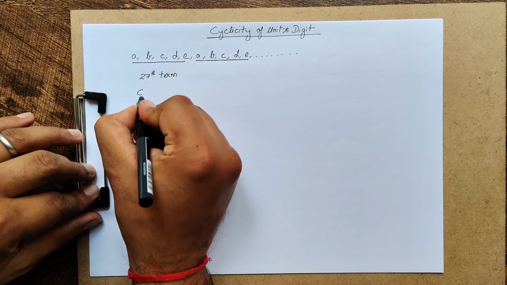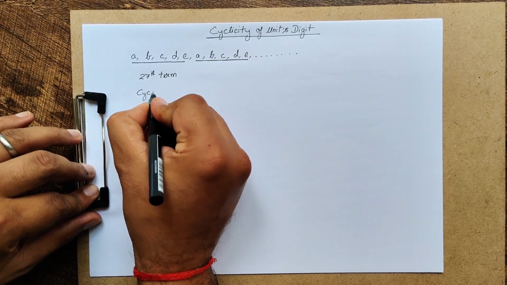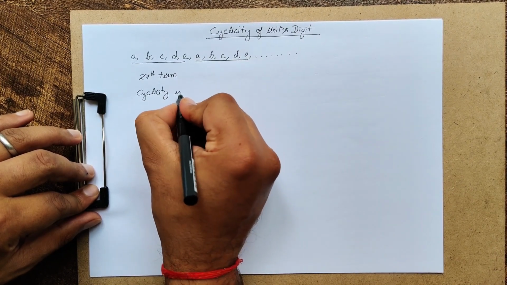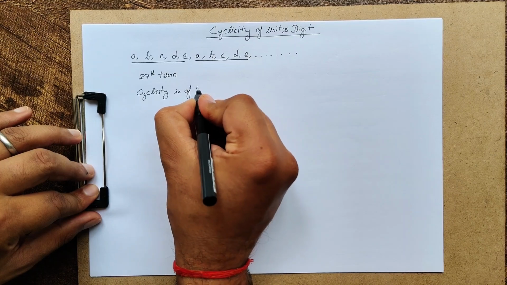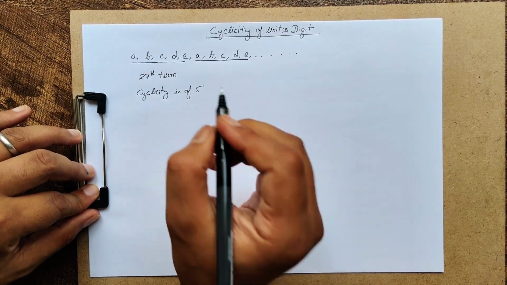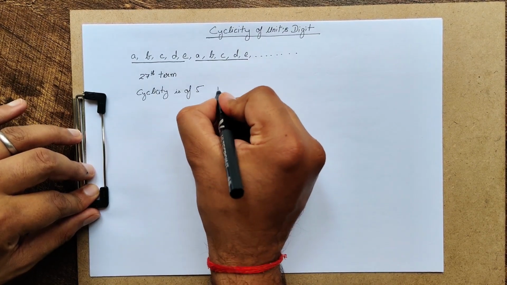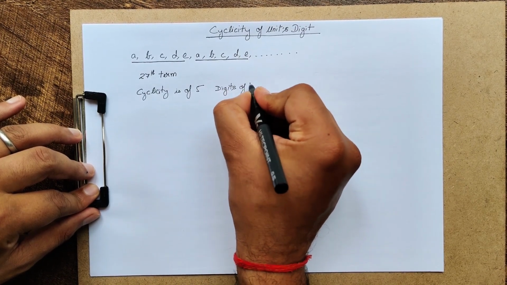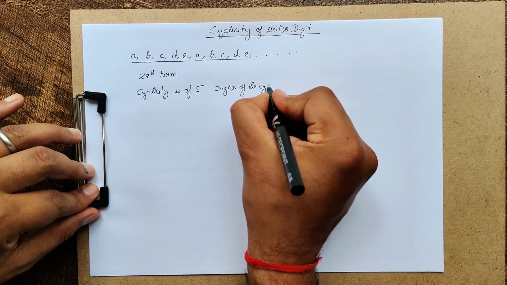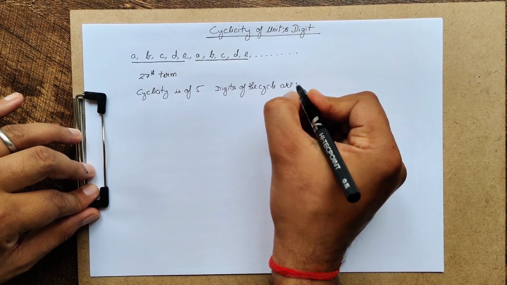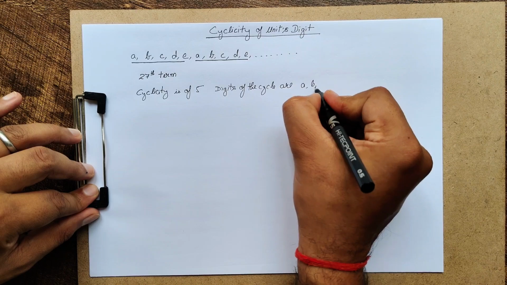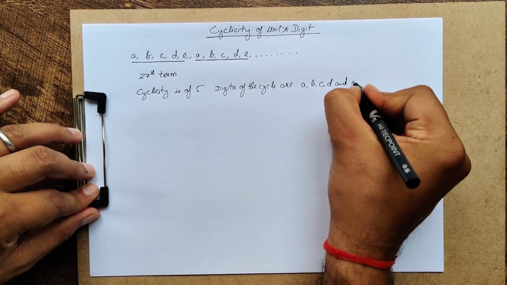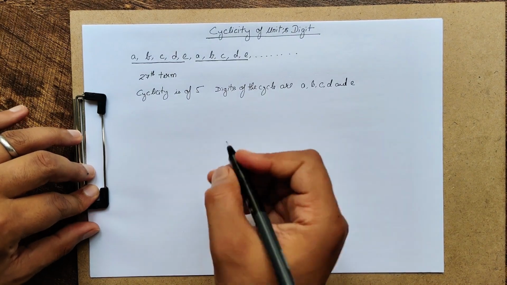Hence we can say that the cyclicity of this series is 5, and the digits of the cycle are A, B, C, D and E, right?